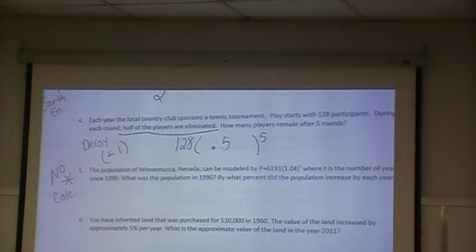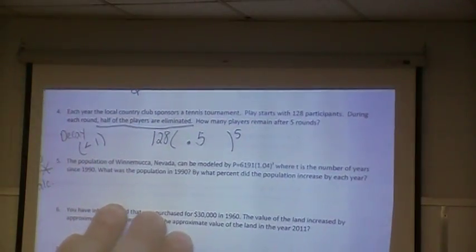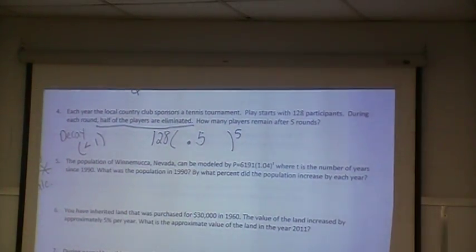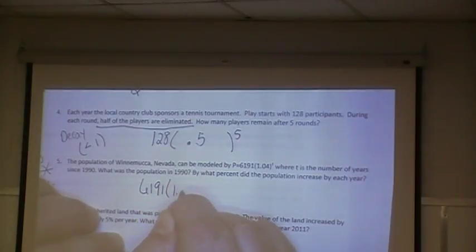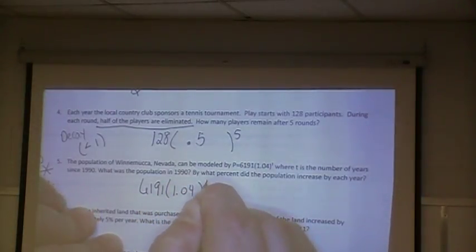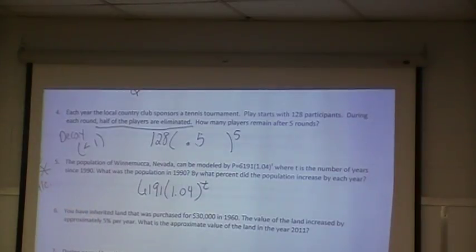Number 5 would be an EOC question that they would ask you without a calculator. They actually give you a formula. Let's look at our formula. What can we tell just by looking at our formula, without reading anything?